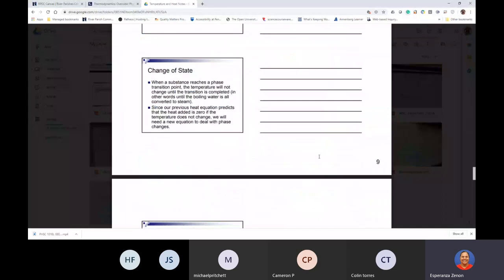So we can change the substance from one state to another. Remember, our states, or our phases, are solid, liquid, gas. And so when a substance is undergoing a phase transition, for example, if you are boiling water, while that material is changing from a liquid phase to a gaseous phase, its temperature is going to remain constant.